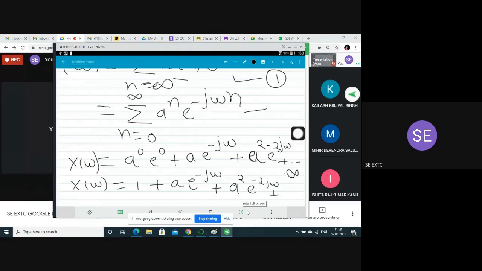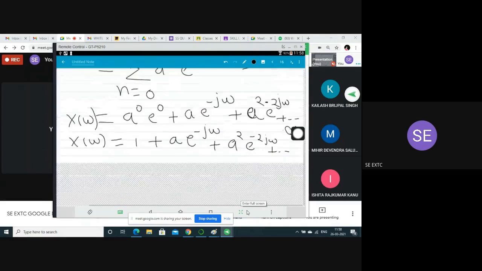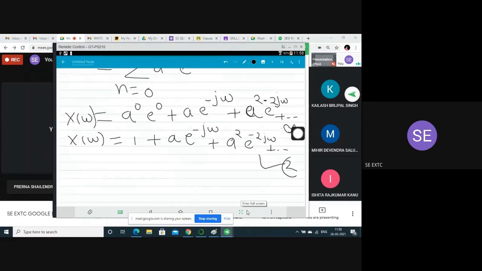Like this it will go up to infinity, and this will be your equation number 2. So likewise the previous example, you have to solve this.